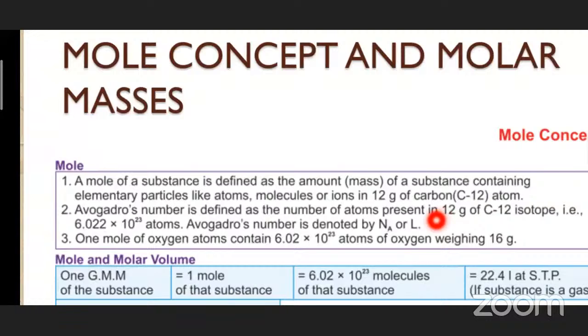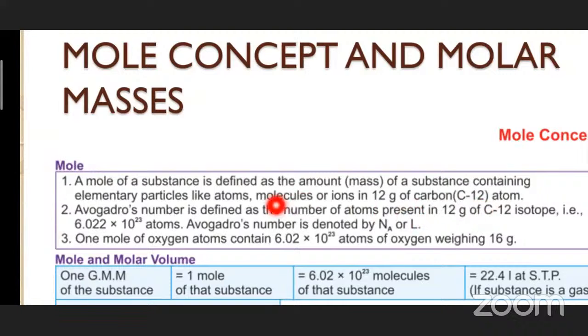So let us simplify this. We are talking about 12 grams of carbon. Why do we have to take only carbon? Carbon is the universal element. That means it is present in almost every compound occurring in nature. That is the reason why we consider carbon the standard element.